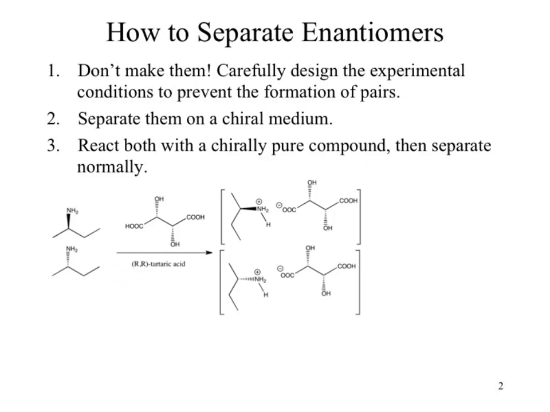The other thing that we could go through and do, and this is almost a derivative of step 2, is that we can actually do a chemical reaction with a chirally pure compound. So in step 2, we're introducing this third compound that allows us to kind of separate. So we could look at a solvent almost and look for solubility. In step 3, we're actually doing a chemical reaction.